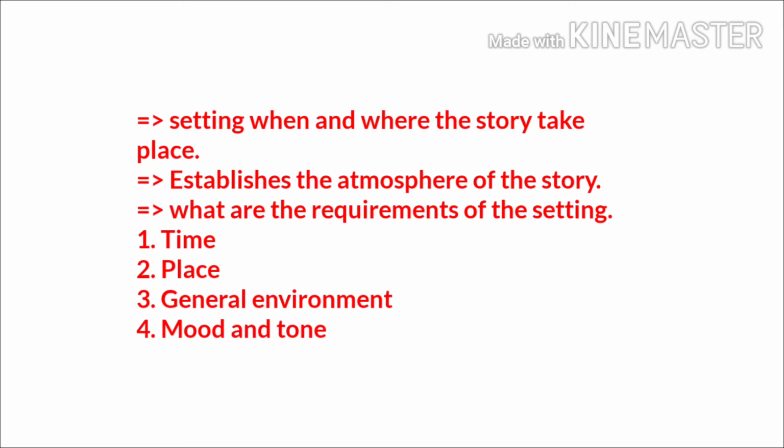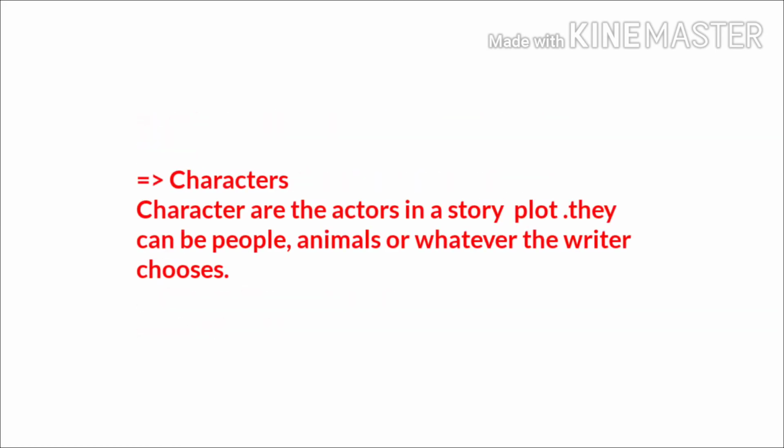When and where the story takes place establishes the atmosphere of the story. What are the requirements of setting? There are 4 requirements: time, place, general environment, and mood and tone. What are the mood and tone prevalent in that particular setting?